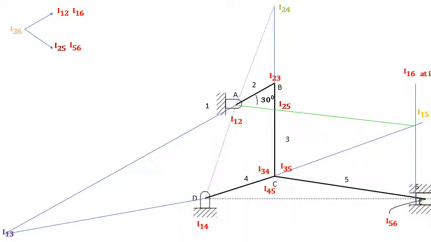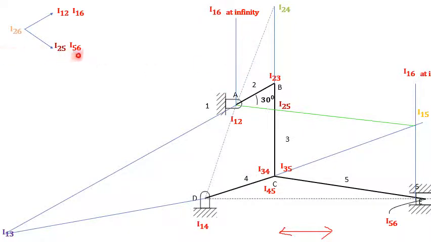The slider can slide along this horizontal direction, therefore parallel to this we can locate this line anywhere. So from I12 draw a line parallel to this. This line represents I12, I16.